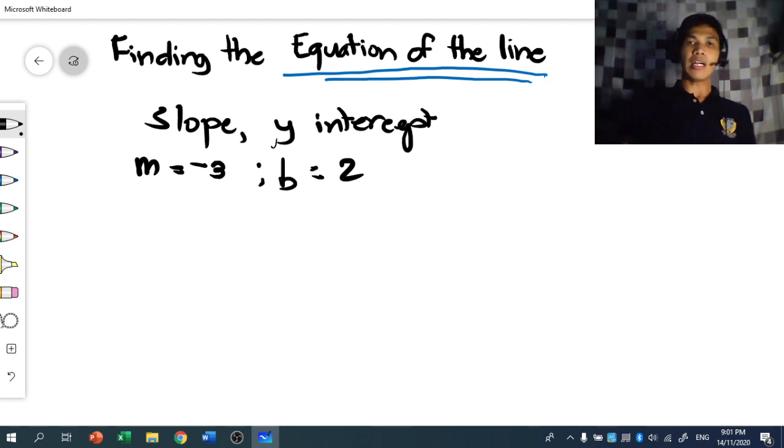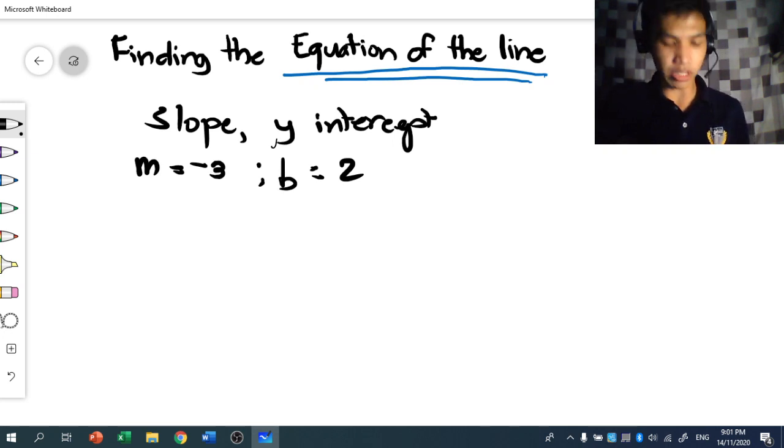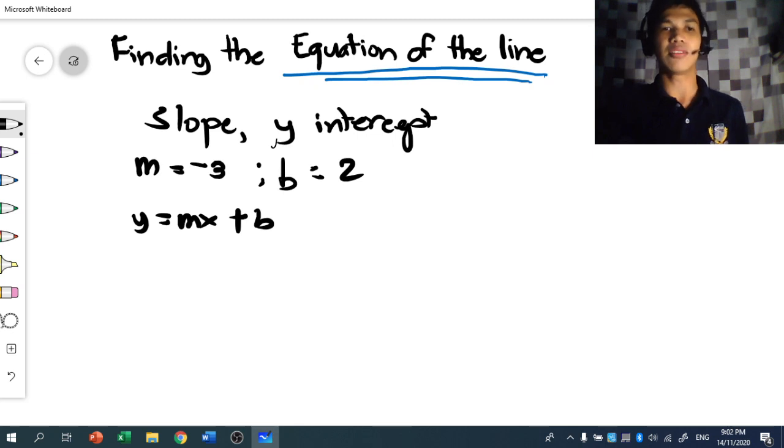So the very first step that you need to use in order to find the equation of the line is to use the slope-intercept form, and the slope-intercept form will be y is equal to mx plus b. So what we will do in this first scenario is we just need to substitute or replace the value of slope to its appropriate place.